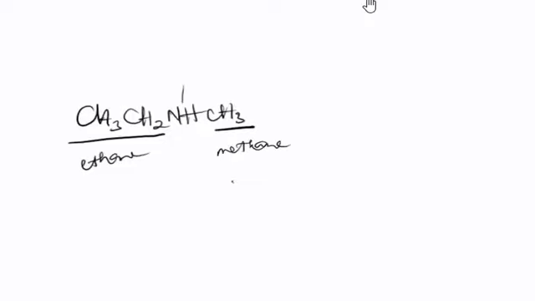So naturally, when I name this, I'll name this first as a substituent, and then notice that when it becomes a substituent, I'll call it an alkyl. So this becomes ethylaminomethane.